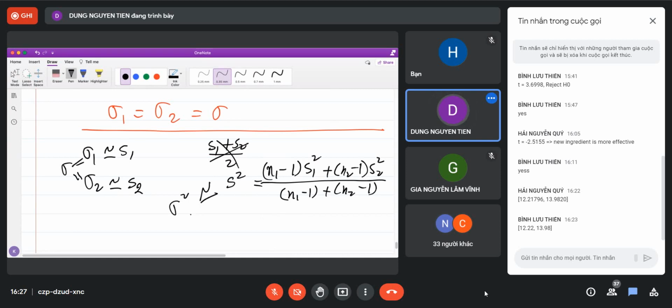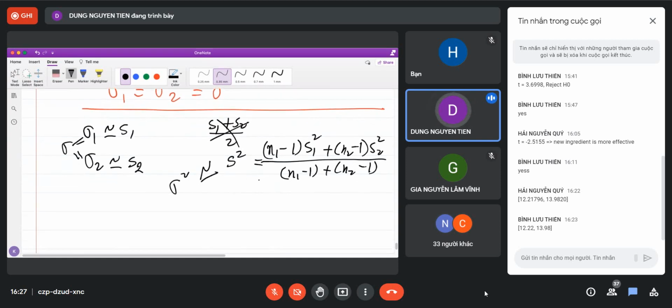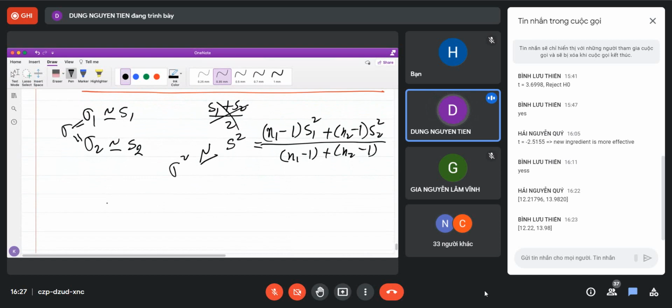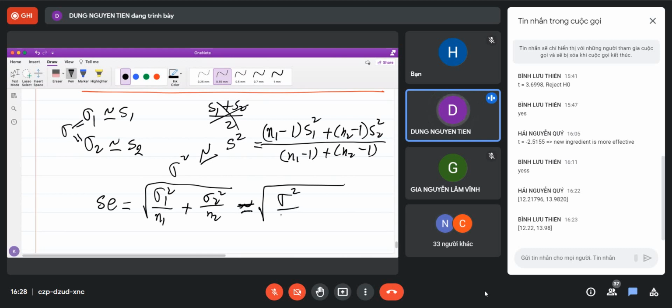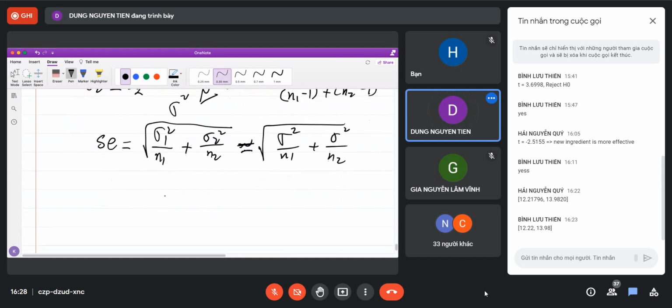So I get the S squared, and after finding the S squared, I can see that the standard error is simply the square root of sigma 1 squared over n1 plus sigma 2 squared over n2. It is simply sigma squared over n1 plus sigma squared over n2.